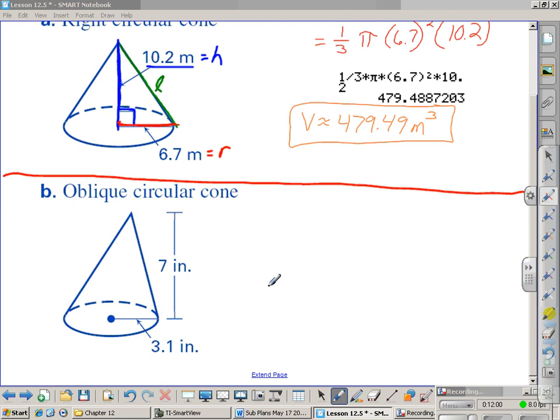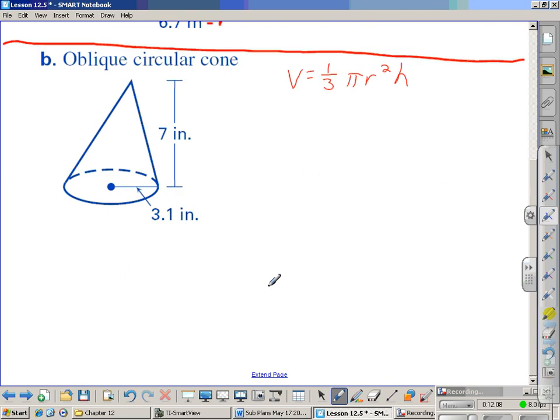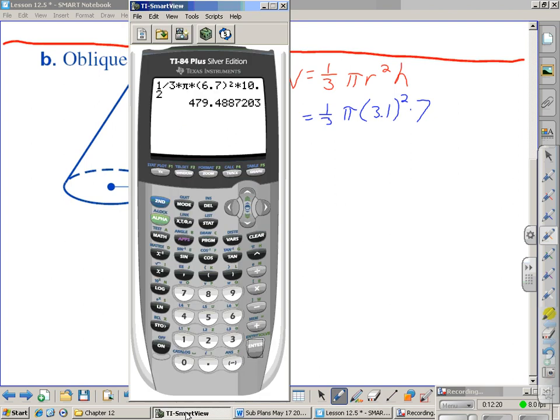So we're going to use the same formula. Volume equals 1/3 pi r squared h. So we have 1/3 pi times the radius, which is 3.1, squared times the height, 7. And again, I would just type all this in my calculator right now.